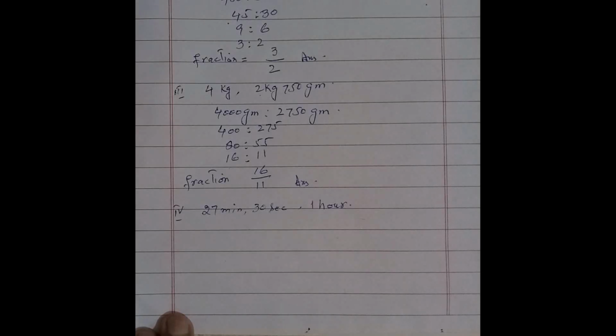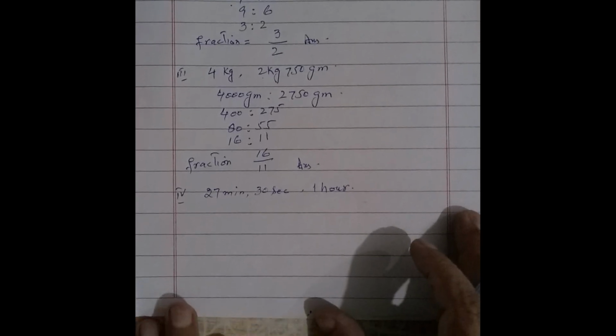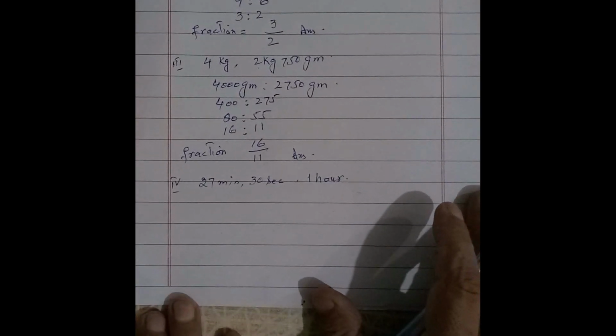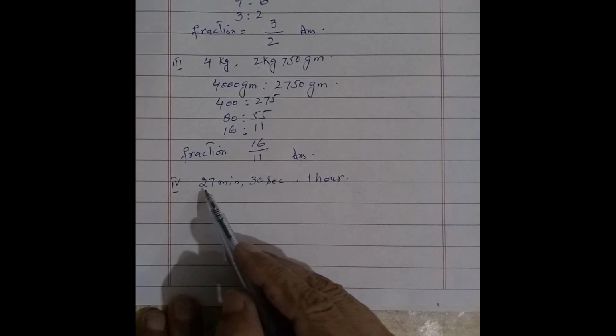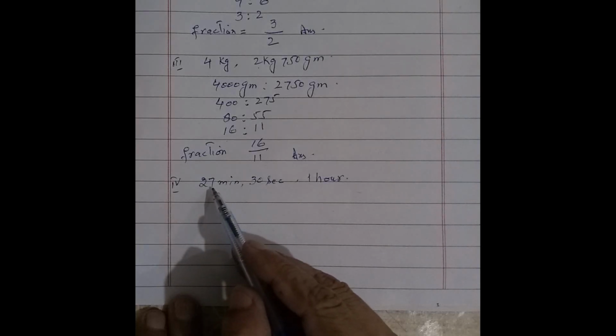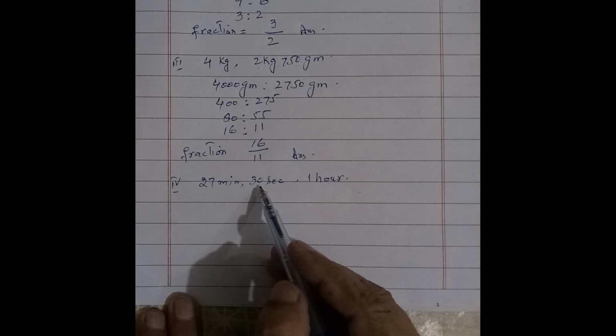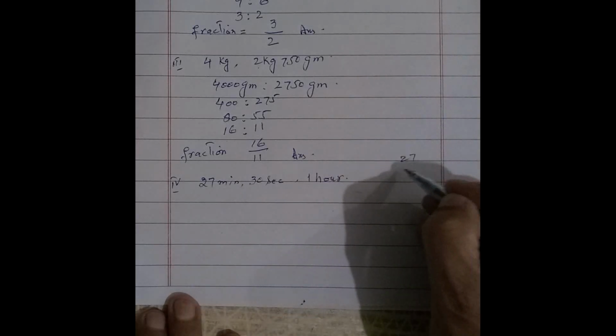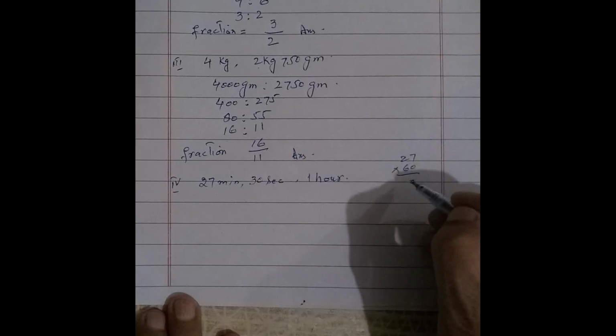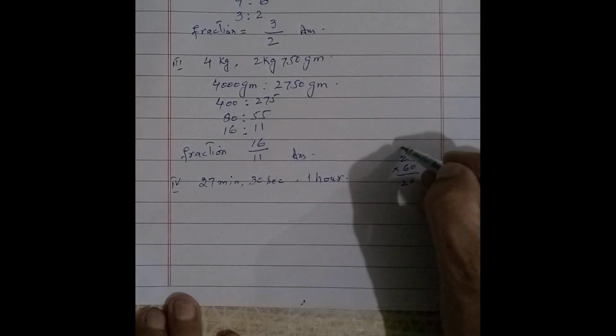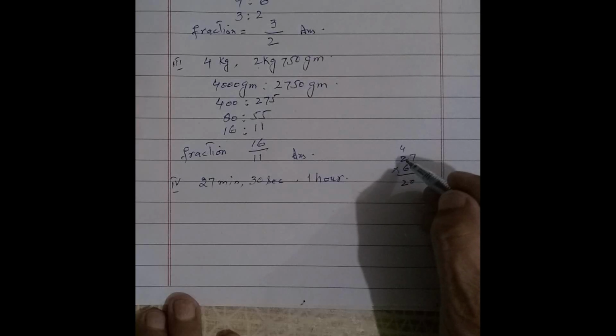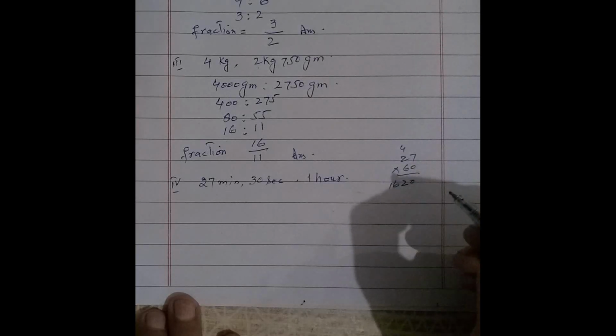Now we convert them to the same suitable unit, means we convert them into seconds. We multiply 27 by 60 and then add 30. 27 multiplied by 60: 6 7s are 42, 2, 4 carry, 6 2s are 12 and 4, 16.